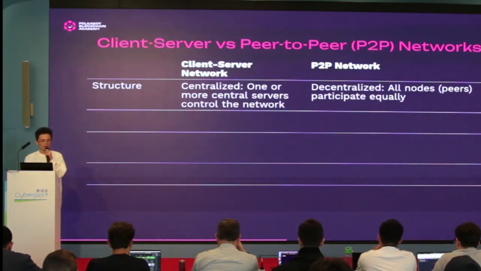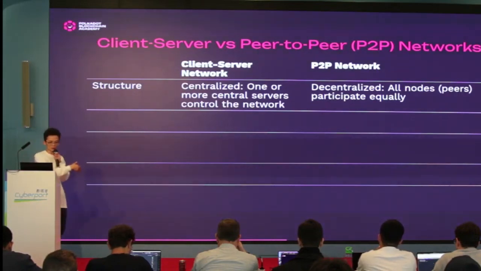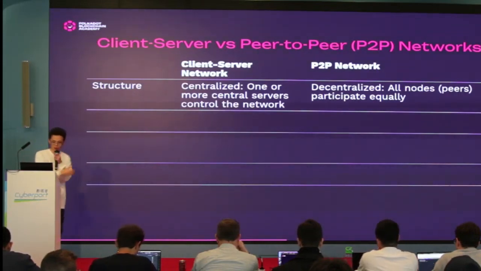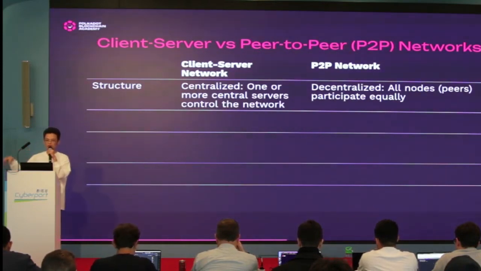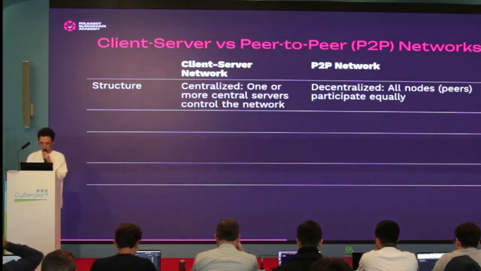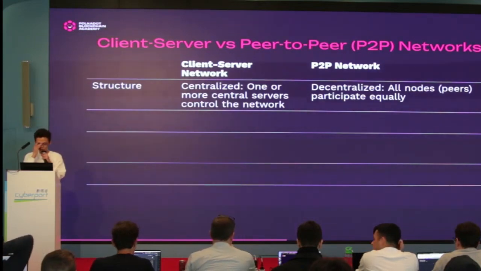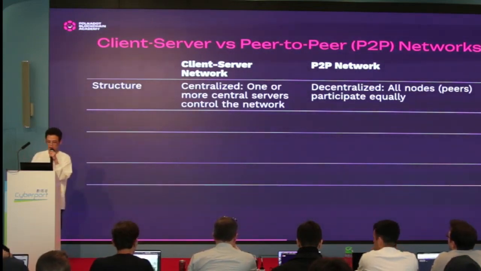Just now I compared the structure of the client-server network and the peer-to-peer network. A peer-to-peer network is decentralized. It means there is no central server that can control the network, and all the nodes participate equally, with equal responsibilities. That's why we call the nodes peers.